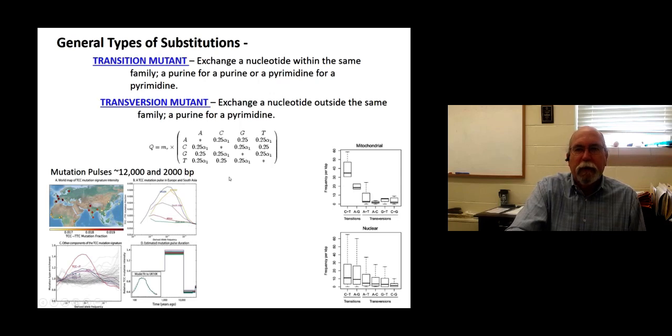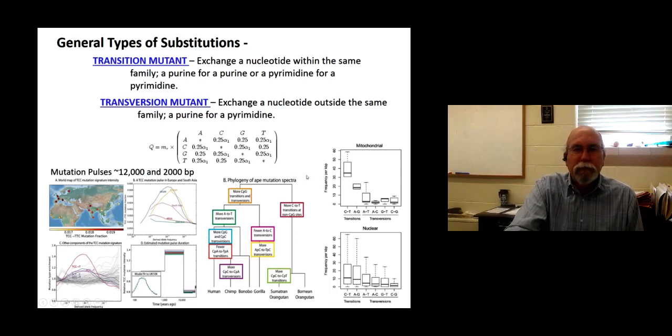So it's something we can look at, the difference between these types of mutations and how the rates change. And it can be useful for going even further back, millions and millions of years. We can look at the differences between extant species, like gorillas and chimps and humans and orangutans that are around now, and backtrack to figure out what types of mutations have been the most common in those lineages.